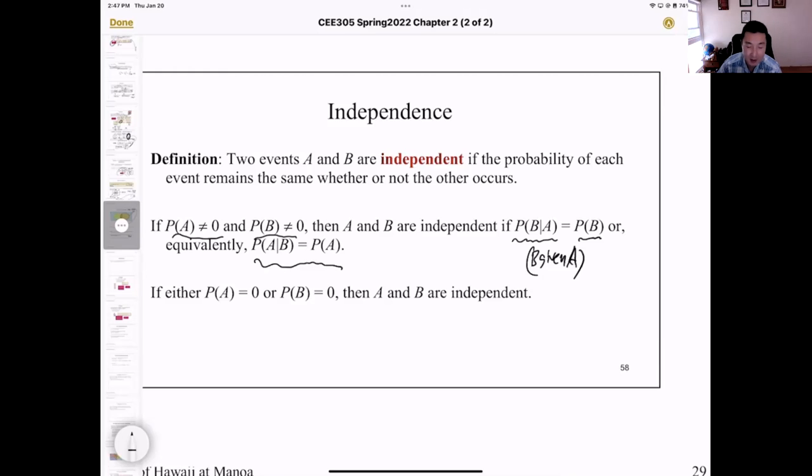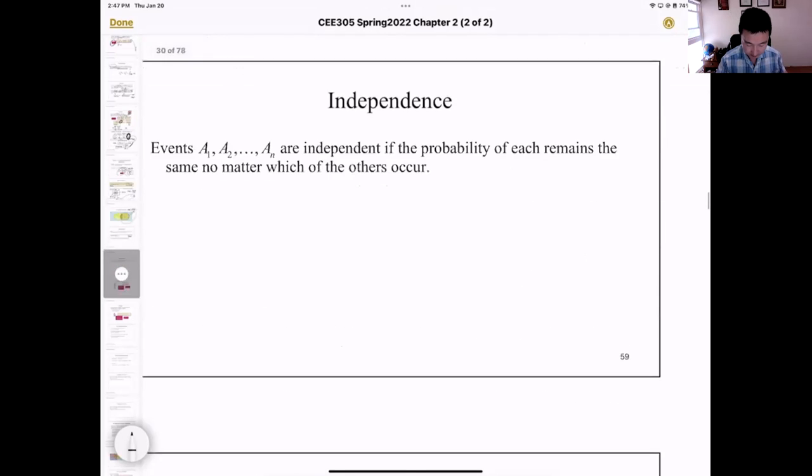Then these two events are independent. If either PA or PB equals 0, then A and B are also independent.